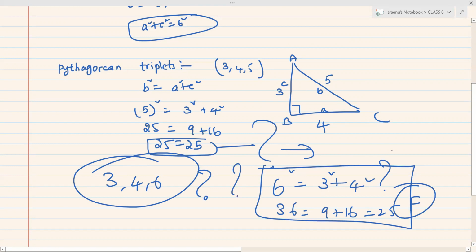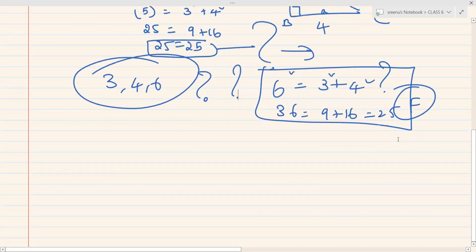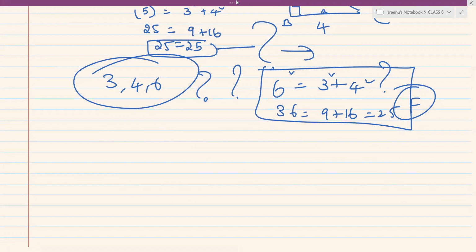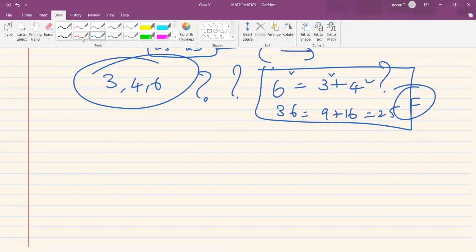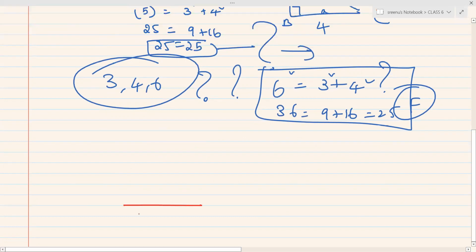If we try to construct a right angle triangle by using these three measurements, first I will draw this BC as 4 centimeters with a ruler. Then with the help of compass, I will take an arc of 3 centimeters. Then with center C, I will draw an arc of 6 centimeters radius to cut the previous arc.